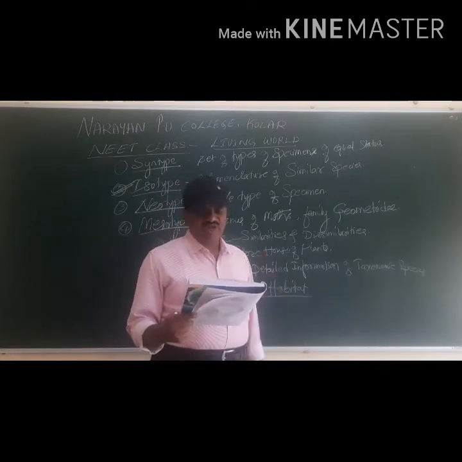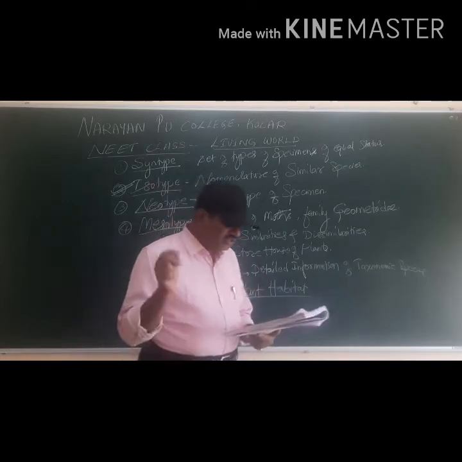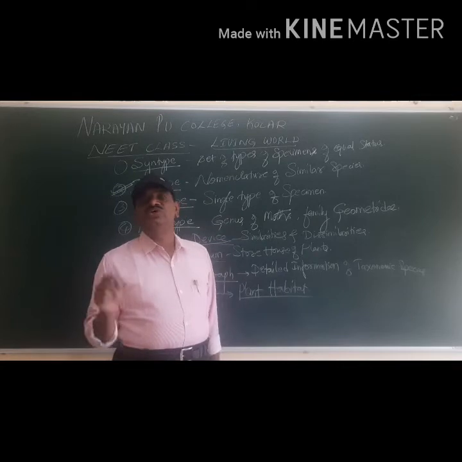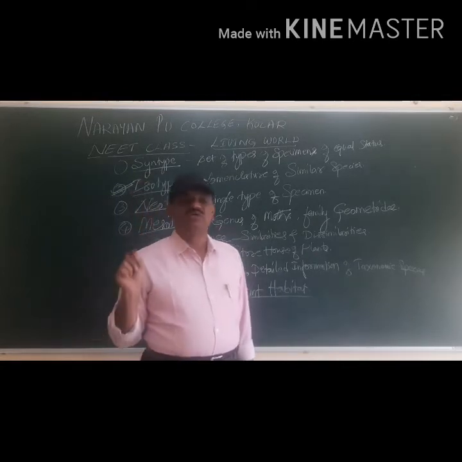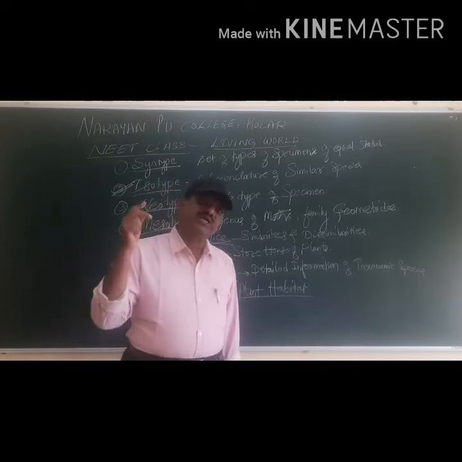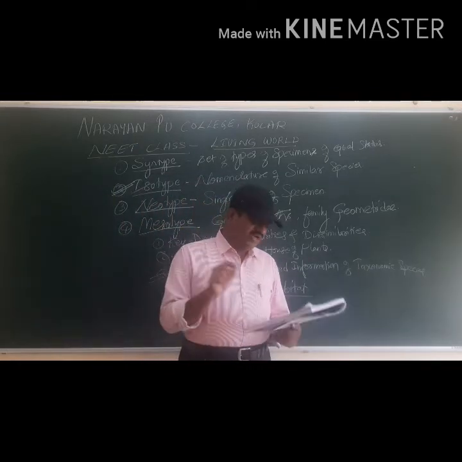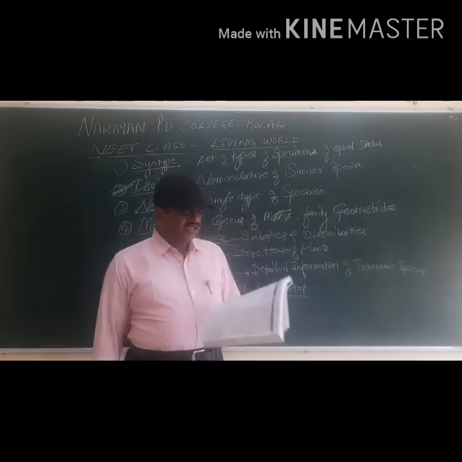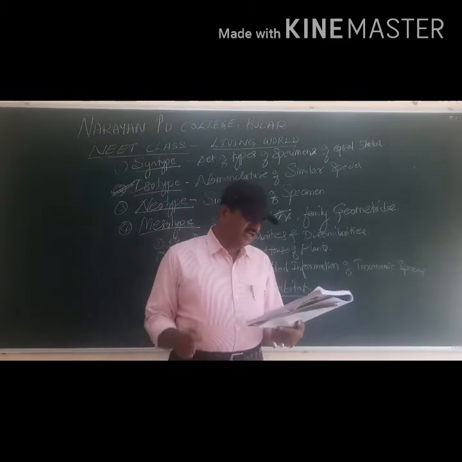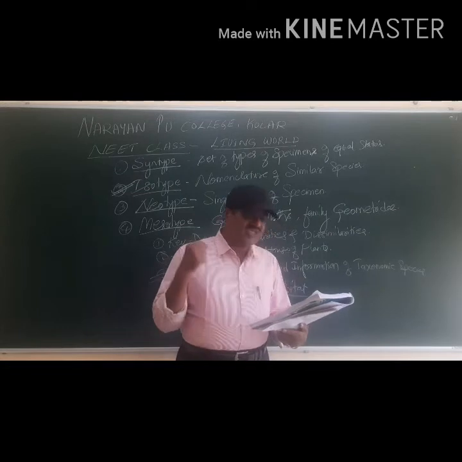The second one is interbreeding. We know that a group of organisms which can interbreed together is a population. A population is a group of organisms that can interbreed with each other. So interbreeding is right. Third option, feeding over the same food.